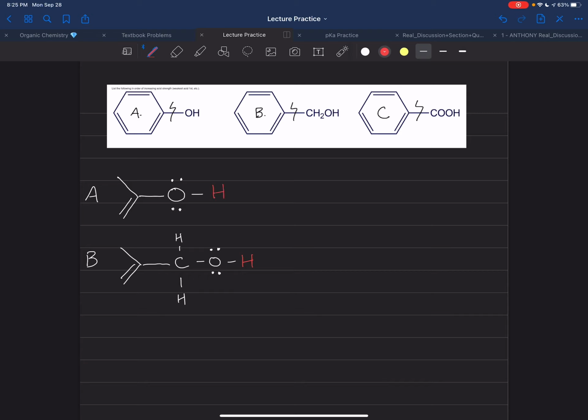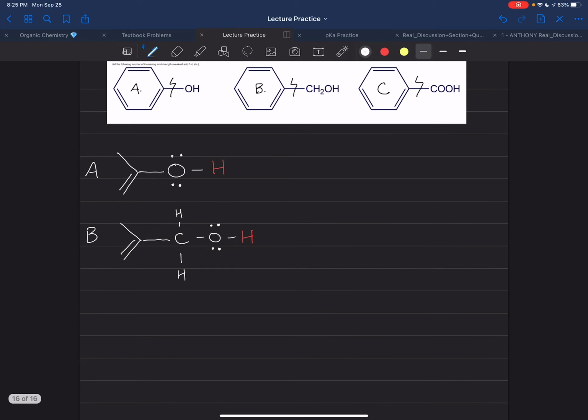So that's A, this is B, CH2, OH, okay. And then we're going to go to C. Now you kind of have to remember what this carboxyl group looks like, because you are going to have a double bond with an oxygen. And it's going to look like this.